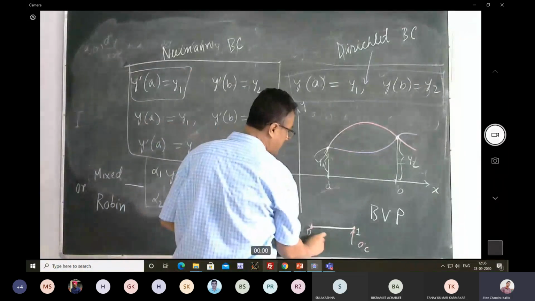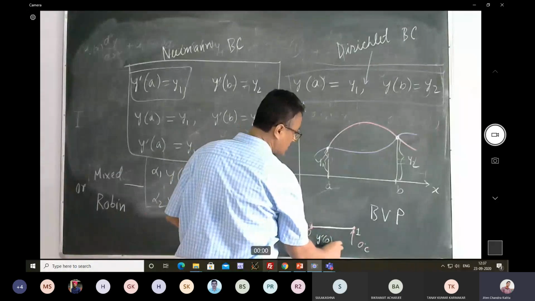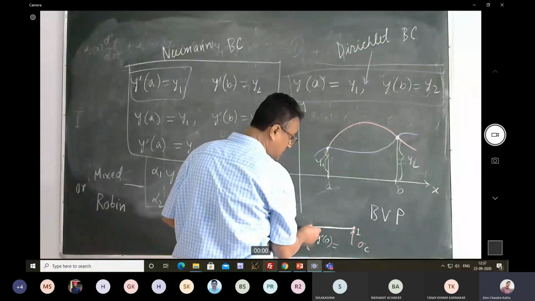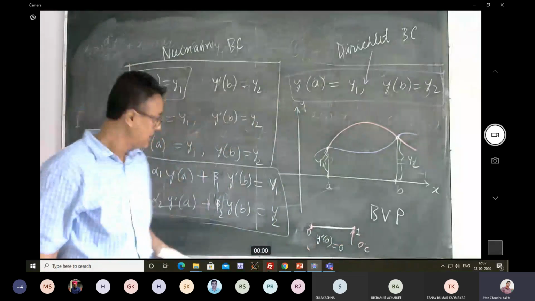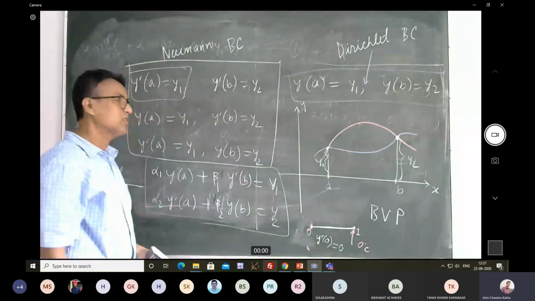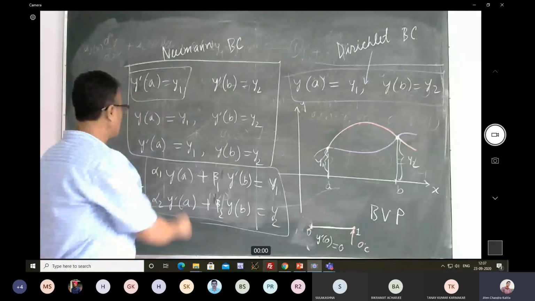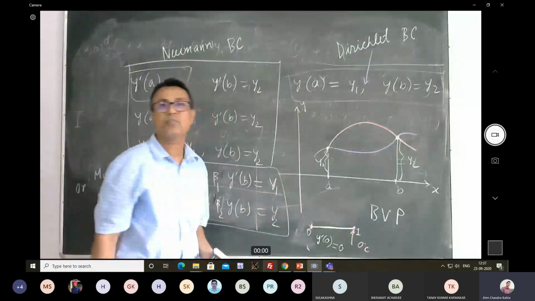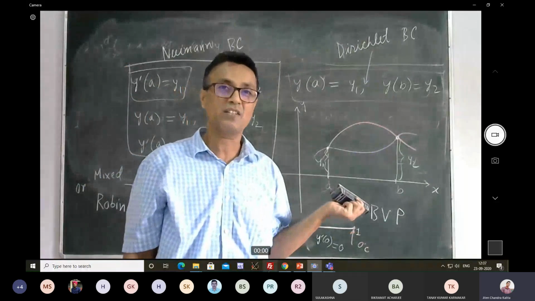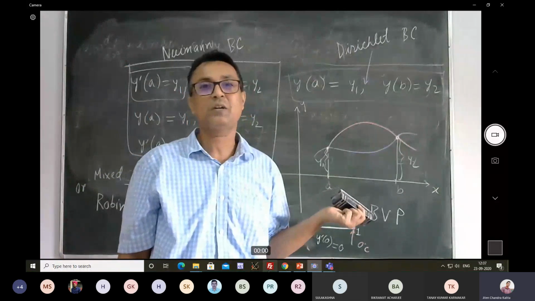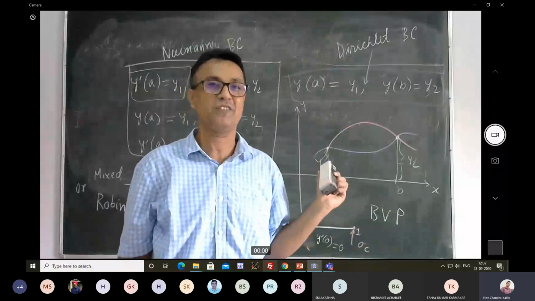If my variable y represents the temperature here, then if it is insulated, this will be simply 0. And if there is some effect of radiation also, then you may come across this kind of boundary condition. So all these boundary conditions being discussed haven't come from nowhere. They have some physical significance.